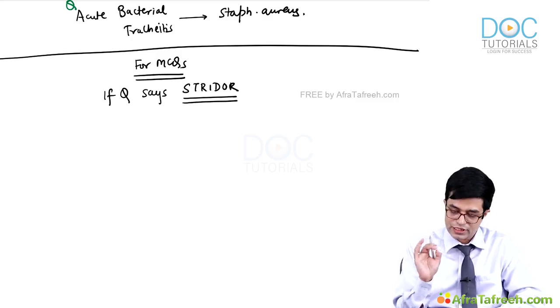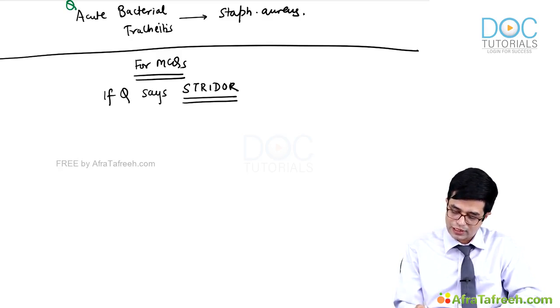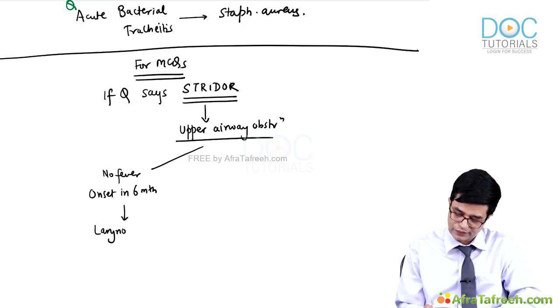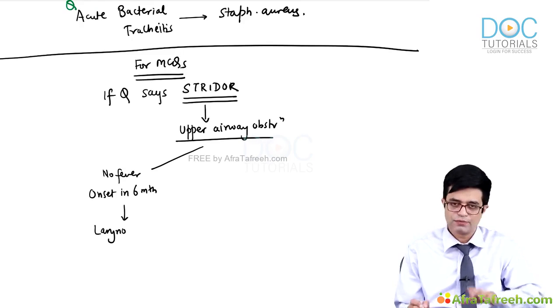Remember, if the question says stridor, think of upper airway obstruction, right? If the question says no fever and onset in the first 6 months of life, you will think of laryngomalacia as the likely possibility. There can be other rare causes, but they are beyond our purview.